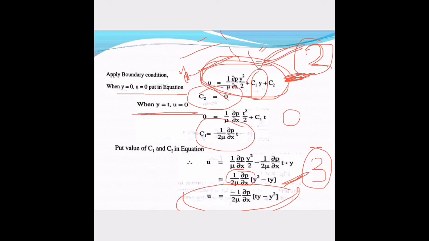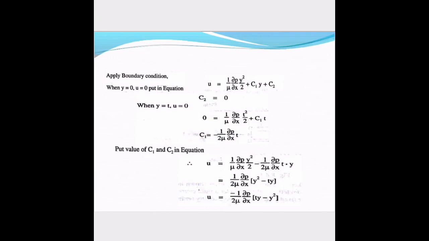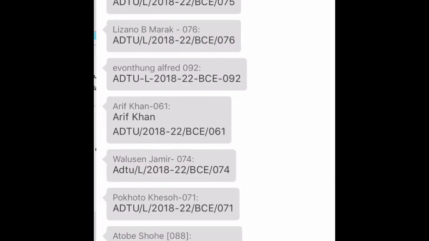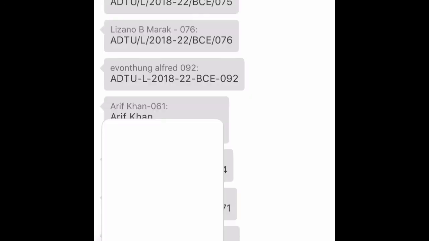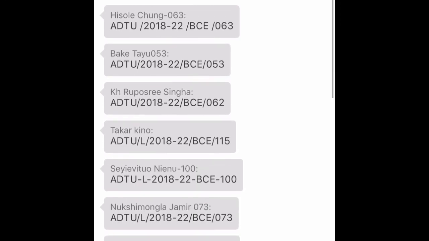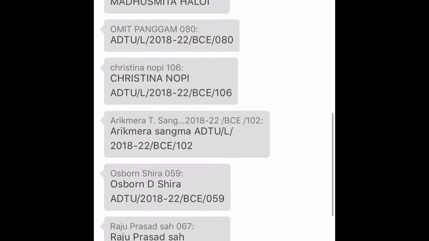So the diagram will be, see, what you have got in equation 3 is similar to the equation of a parabola. What is the equation of a parabola? Yes, the above equation resembles the equation of a parabola. We will discuss velocity distribution in the next class.